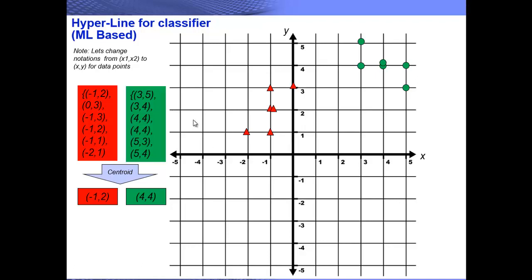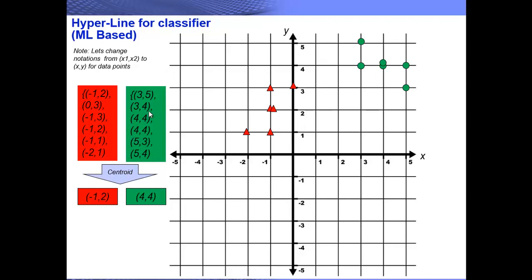But for the sake of this video's explanations, we are changing that notation from x1, x2 to x and y. That was the same in the earlier human activity also. So let's formulate the computational procedure for deciding the hyperline given these two classes of data.